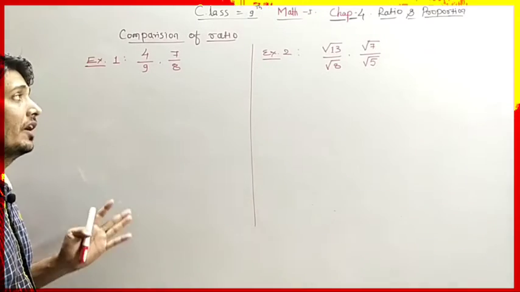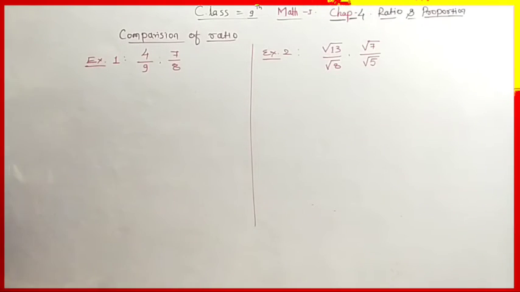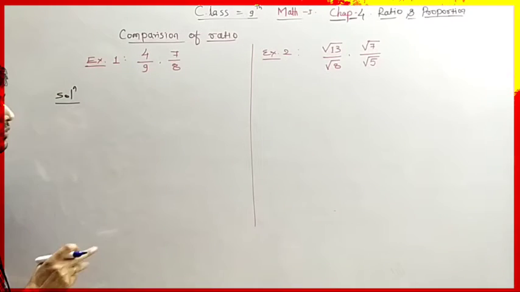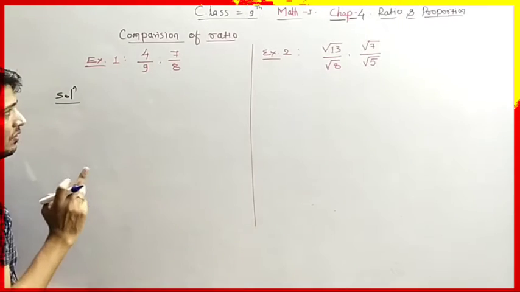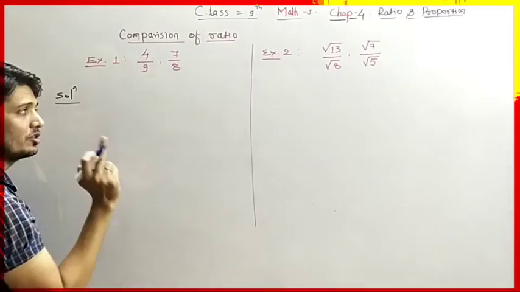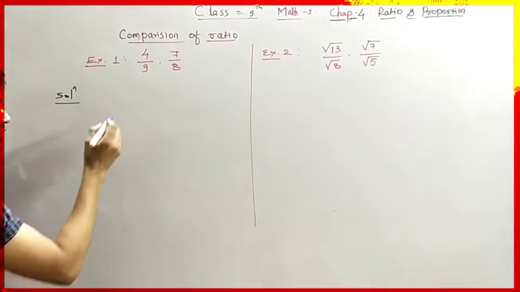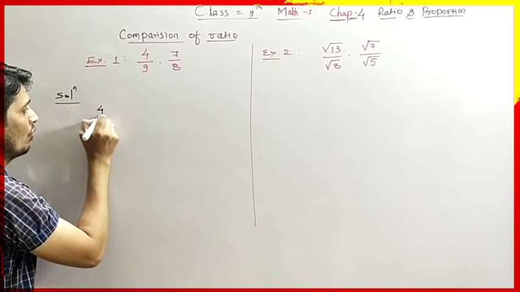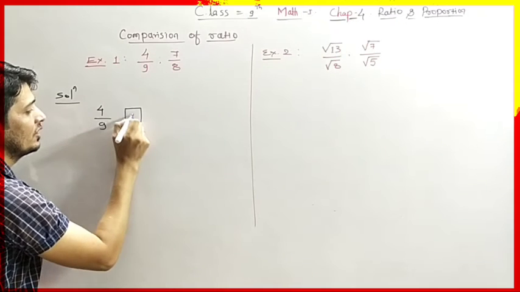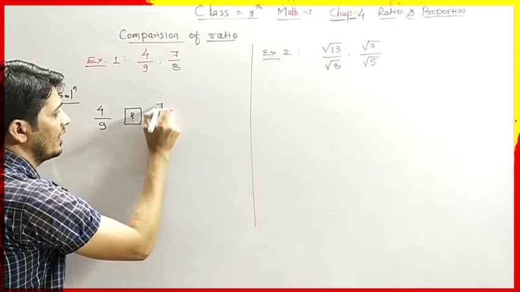These are the two ratios, and we have to show which is equal, greater or smaller than the other. Solution: we write 4 divided by 9, question mark, 7 divided by 8, since we don't know yet.